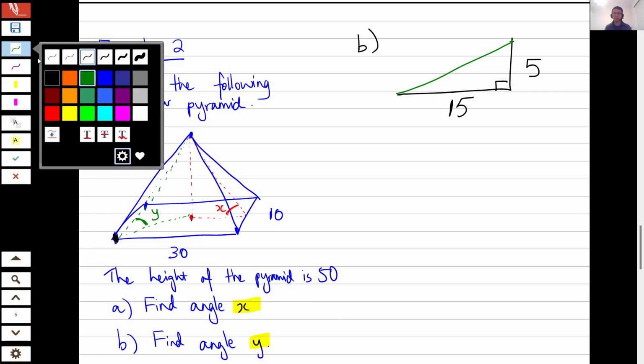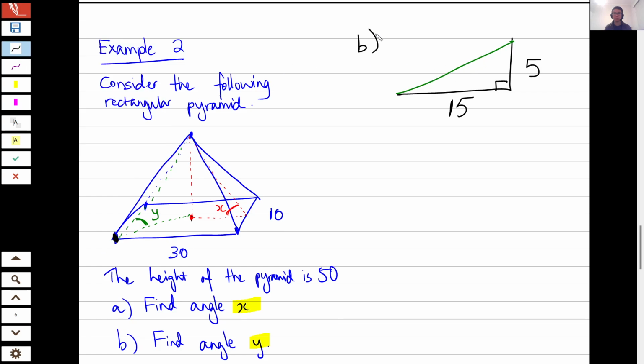Okay, so I've already used x and y, so I'm going to use the letter C because it's common to use C for the hypotenuse in Pythagoras' theorem. So writing an equation, we have 5 squared plus 15 squared equals c squared.